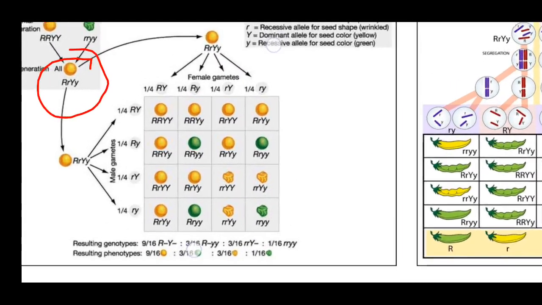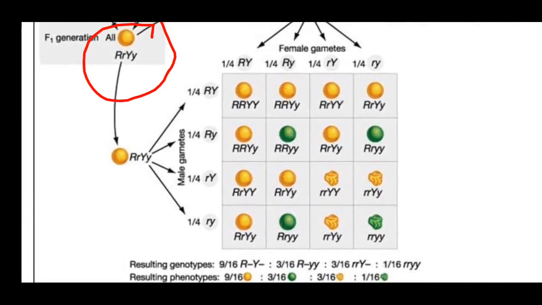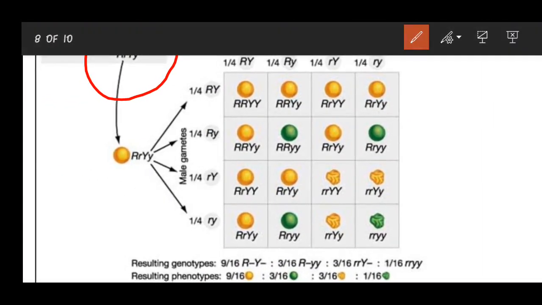Okay, so those are the different gametes that can be formed, and you can see the four possibilities, that is, you have two parents. This is one, and the other one is here. The four gametes are written, and you can take the cross and put it in the checkerboard.